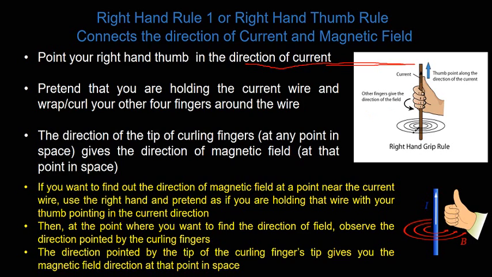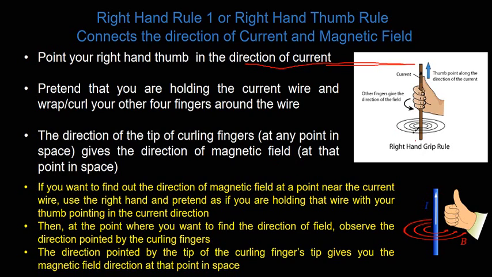The important point here is that the thumb should be pointing in the direction of current, and when we observe the direction of the curling fingers, they give you the direction of the field. The direction of the tip of the curling fingers at any point in space gives us the direction of the magnetic field at that point.